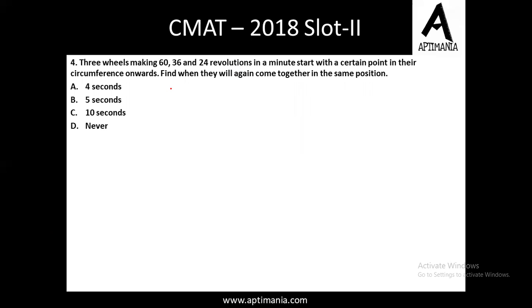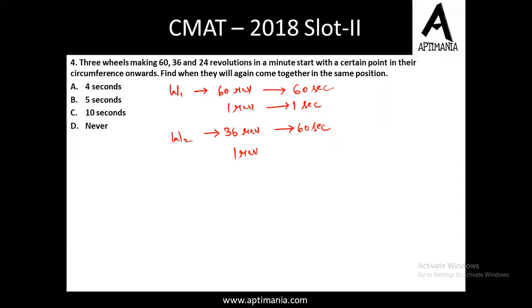So what we are being given is that there is wheel 1 which is making 60 revolutions in 1 minute, that is 60 seconds. So for one revolution it is taking 1 second. Wheel 2 is having 36 revolutions in 60 seconds. So for one revolution it is taking 60 upon 36, that is 5 upon 3 seconds.